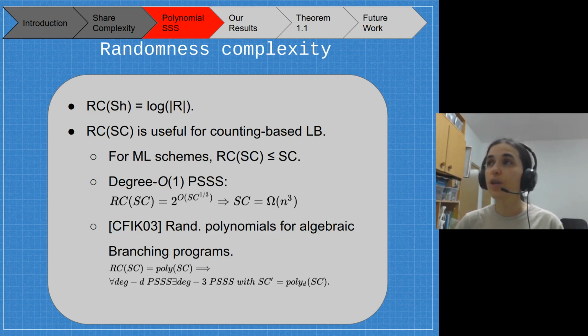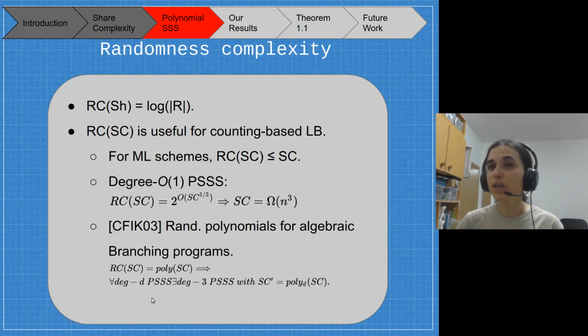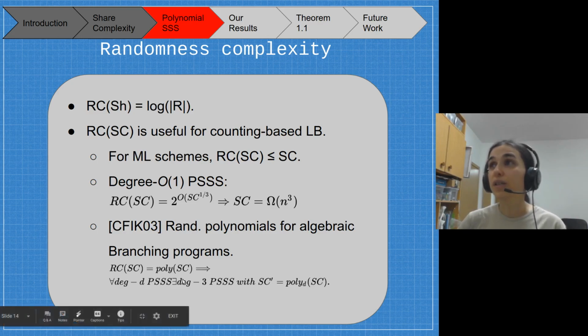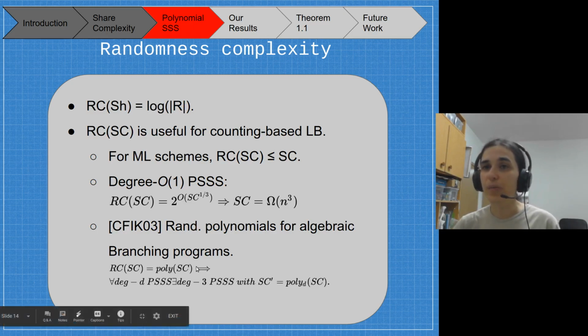In particular, every constant degree PSSS would have an equivalent degree 3, total degree, PSSS, with share complexity that is only polynomial in the share complexity of the original scheme. This observation is based on some constructions from the literature of randomizing polynomials for algebraic branching programs, over rings, actually even more general structures. Basically this is because polynomials can be modeled as algebraic formulas which have small algebraic branching programs in turn.